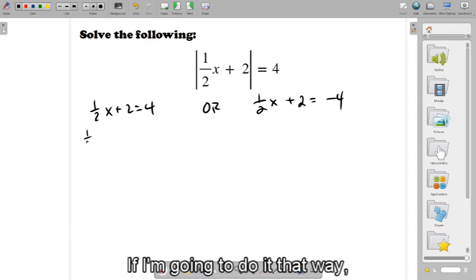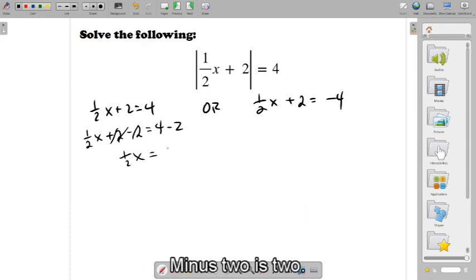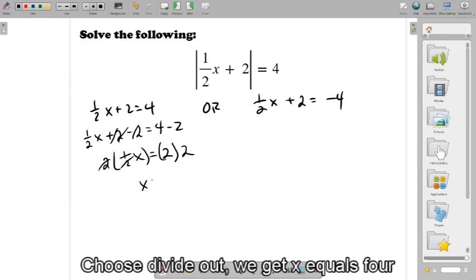If I'm going to do it that way, then I need to subtract 2. 1/2 x equals 4 minus 2 is 2. Multiply this side by 2 and this side by 2. 2's divide out. We get x equals 4.